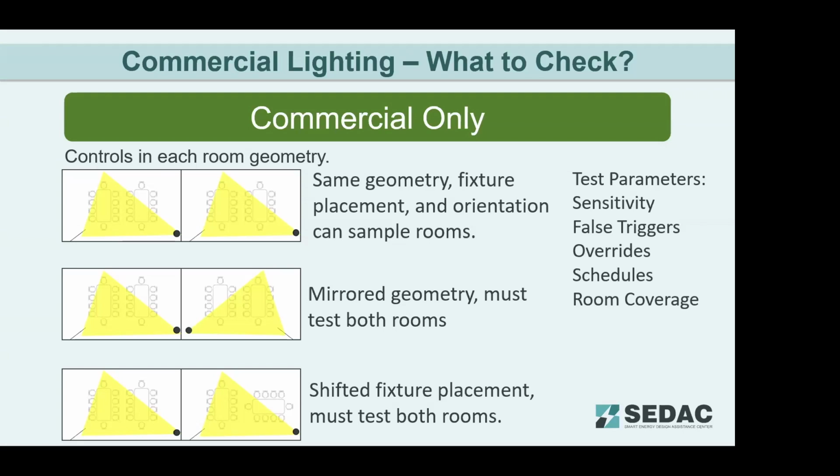On top of verifying these sensors work properly for the spaces they're controlling, the lighting schedules for timer-based control should be verified, and overrides, both user and occupant over daylight prioritization need to be verified as well.